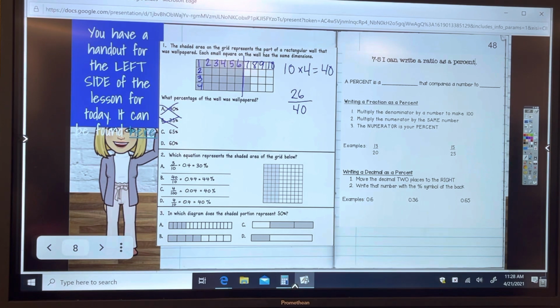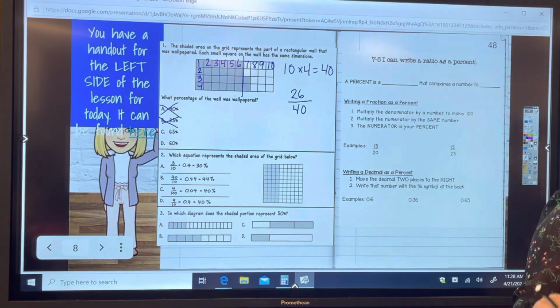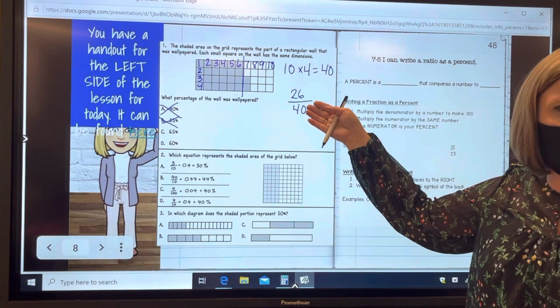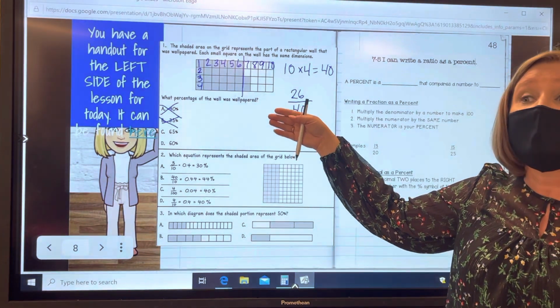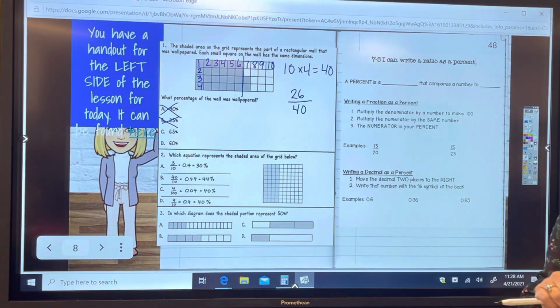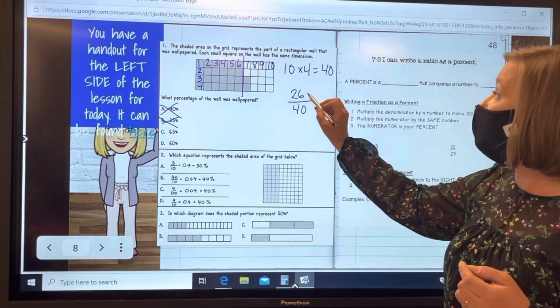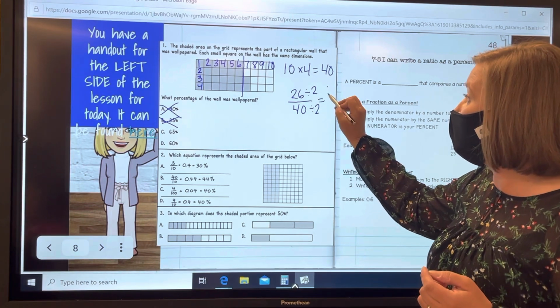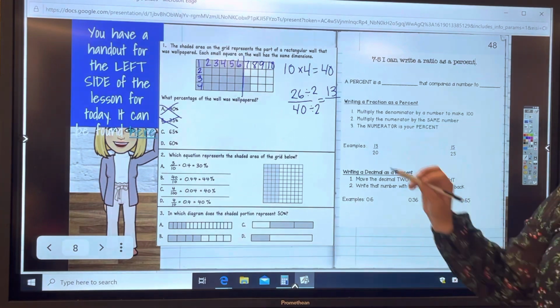Okay? Now, we know that in order to make this a percentage, we need our denominator to be what? 100. It's going to be hard to change 40 to 100, okay? So let's see if we can reduce this fraction. Cooper, what can I divide 26 and 40 by? 2. So 26 divided by 2 is what? 13. 40 divided by 2 is 20.